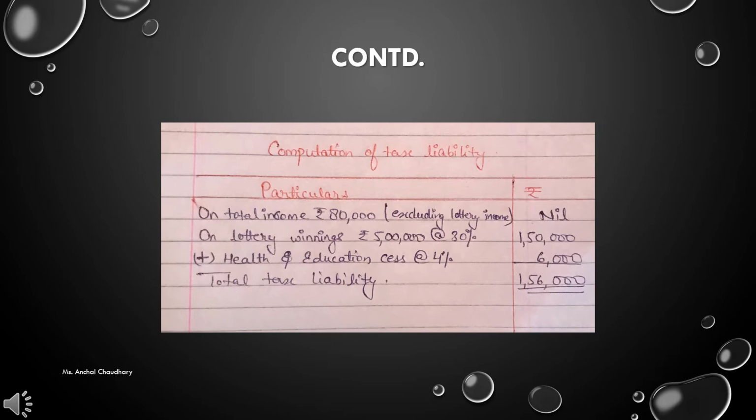So if it is not more than 10,000, then it will not be taxable at all, so it will be exempted here. So this is how we have to solve the questions regarding the computation of total income and tax liability.